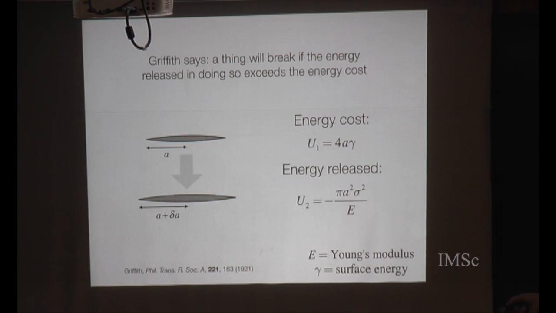If you turn that into an energy argument, as Griffith did, if you have a crack of size A, it costs a surface energy, or an interfacial energy, to create that new surface. And the energy released goes as A squared. Basically, it's the energy of that region which is released. You compare those two, and you can get a critical condition for fracture that relates when these two balance each other when you want to make the surface slightly larger.